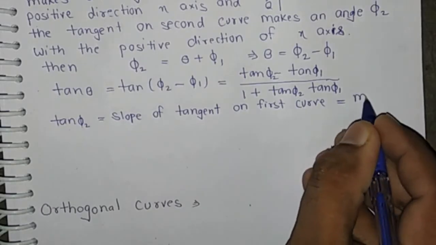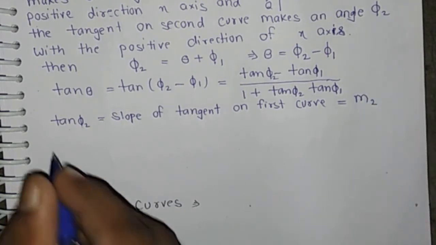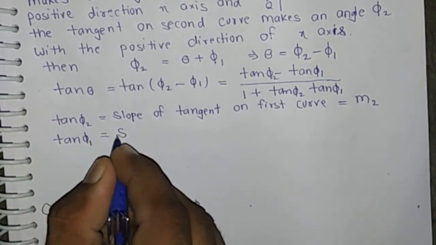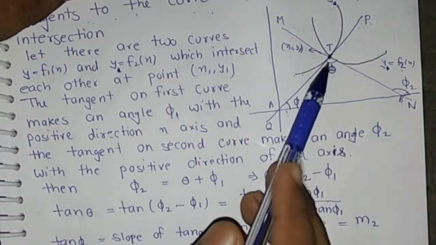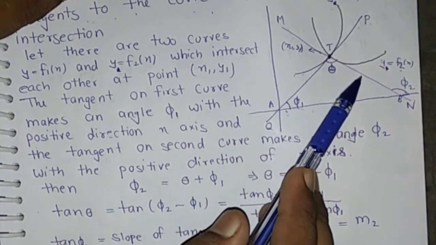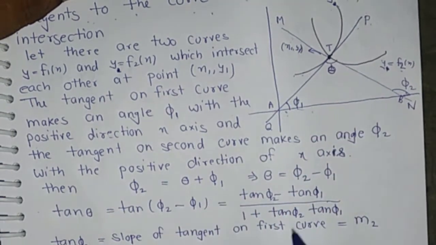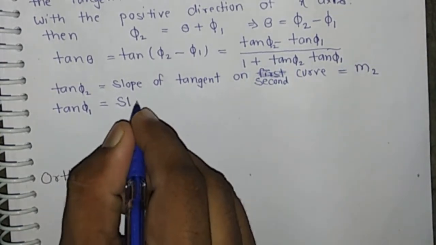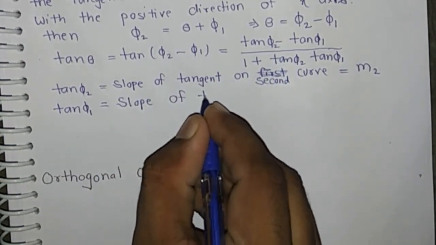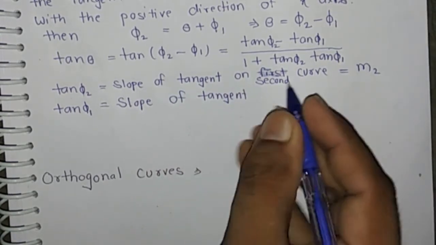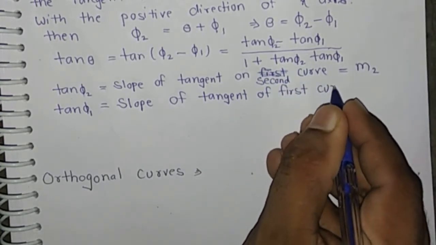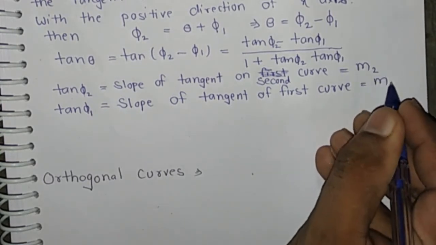on second curve, so it is equal m2, and tan phi 1 means slope of tangent on first curve, equal m1.